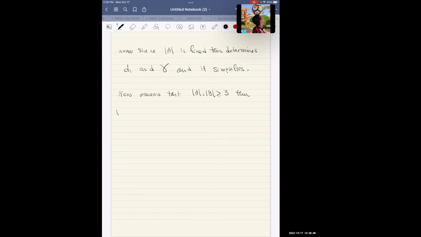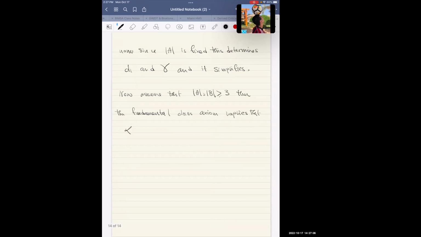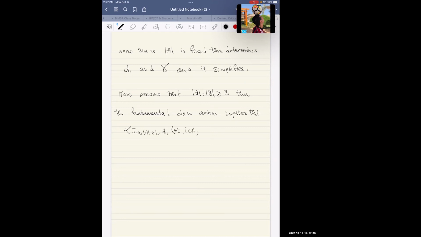Then the fundamental class axiom implies that this invariant I_0, with A plus 1 points, d1, alpha i's where i is in A and one class of P2 here, is going to be equal to I_0, with B plus 1 points, d2, alpha i such that i is in B, also with a class of P2.